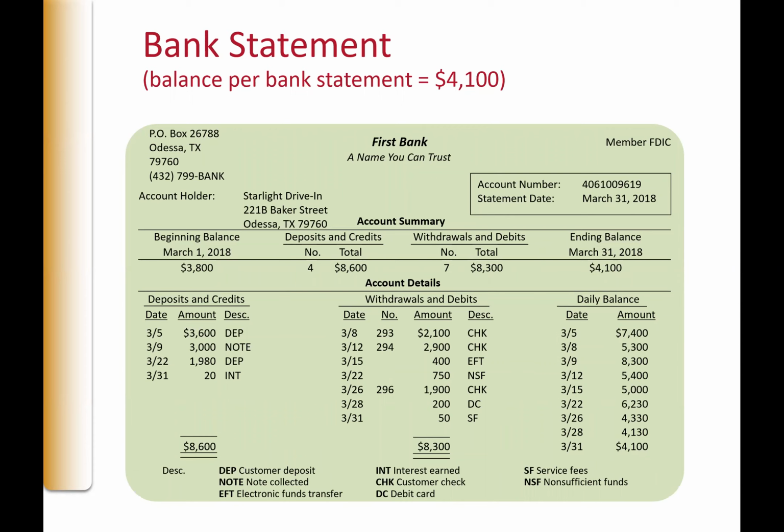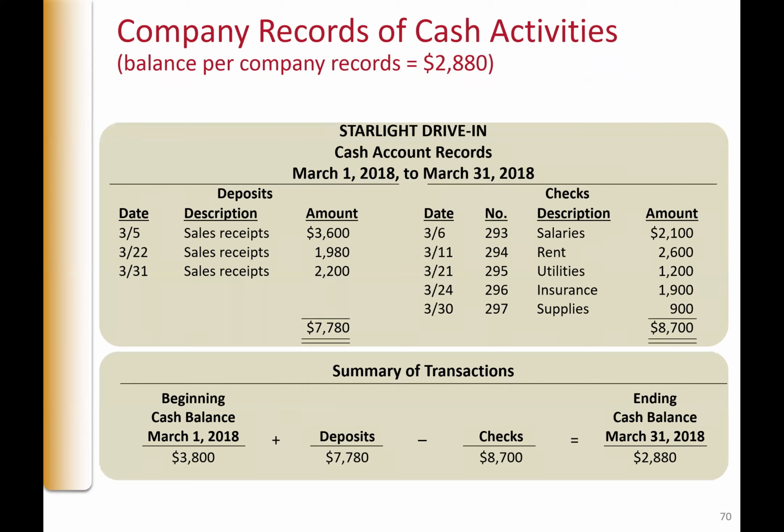So we're going to look at a bank statement. You see on this bank statement, it shows the bank balance to be $4,100. Okay. But the company's activities show an ending balance of $2,880.